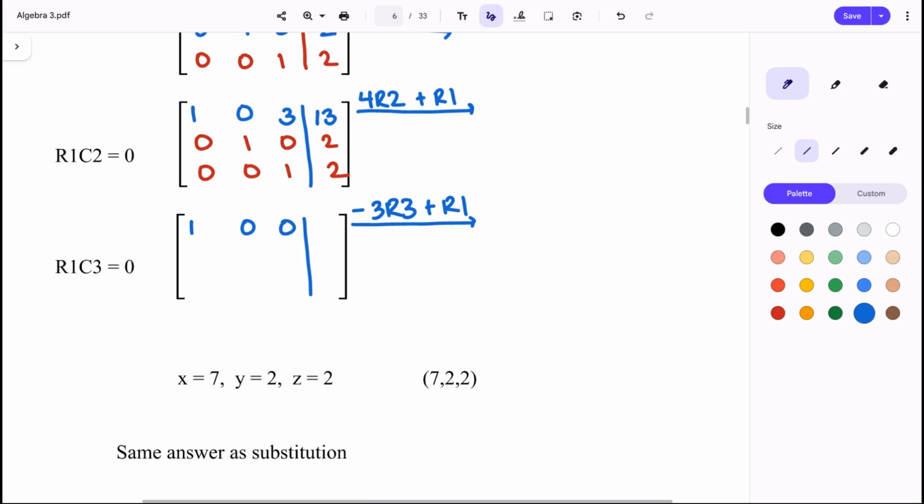Negative 3 times 2, negative 6 plus 13, 7. Isn't that what we wanted? Okay, when you're done, there's no substituting. The answers are in the matrix. X is 7, Y is 2, Z is 2.